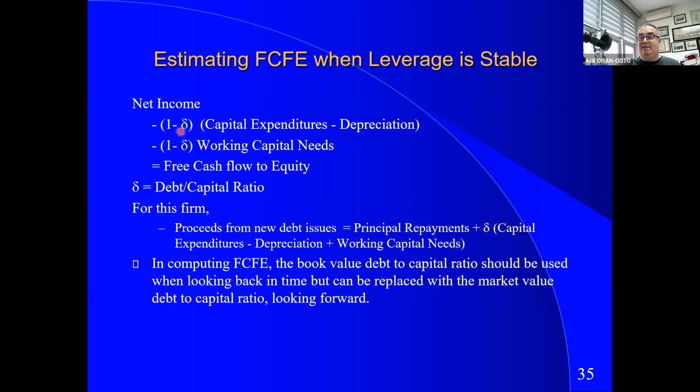So 1 minus delta is how much of it will come from equity, because the delta percentage will be coming from debt. So 1 minus delta of the net capex minus 1 minus delta of the working capital gives us a free cash flow to equity. So again, this simplified formula can be used if the debt ratio of the company is fixed, is staying constant.